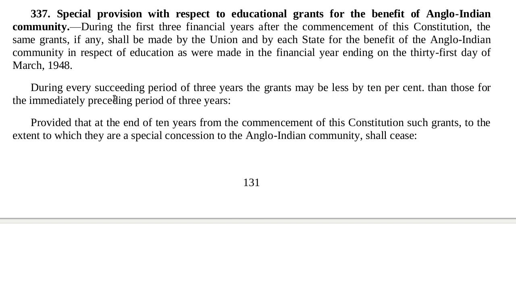During every succeeding period of 3 years, the grants may be less by 10% than those of the immediately preceding period of 3 years, provided that at the end of 10 years from the commencement of the Constitution, such grants, to the extent to which they are a special concession to the Anglo-Indian community, shall cease.